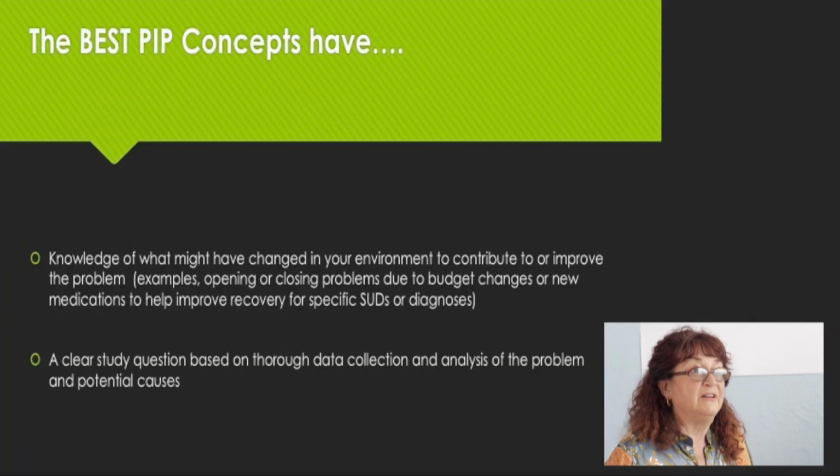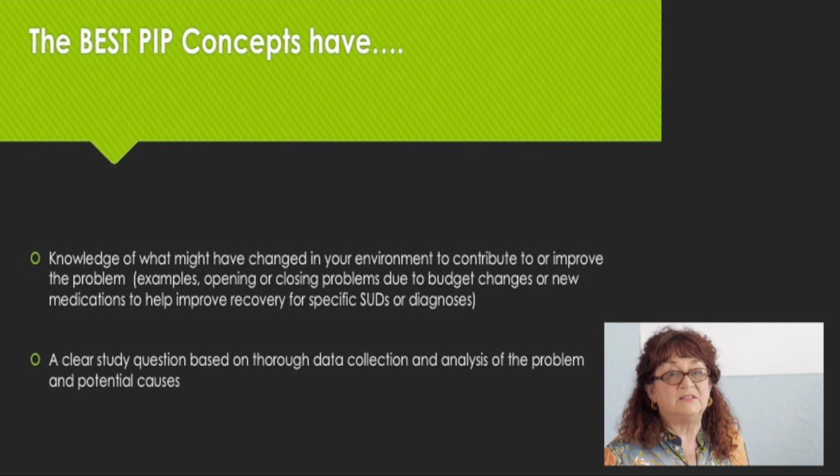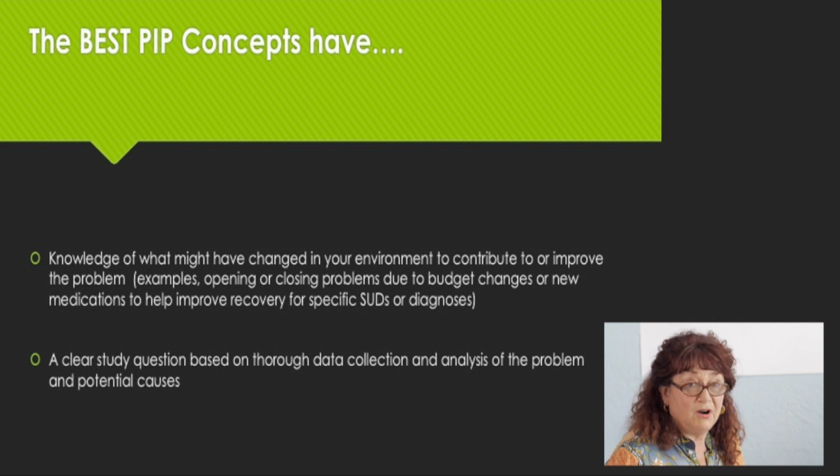Right. So what are some of the best PIP concepts that we've seen, though? What have they done that have made them be the best? And one thing we see is people have not only done a good job with their baseline analytics and analytics of the barriers of the problem, but they've looked a lot in their environment at all the potential influences, both positive and negative, on the problems.